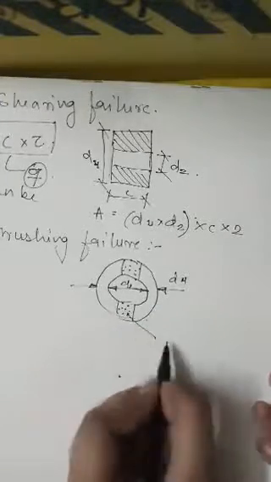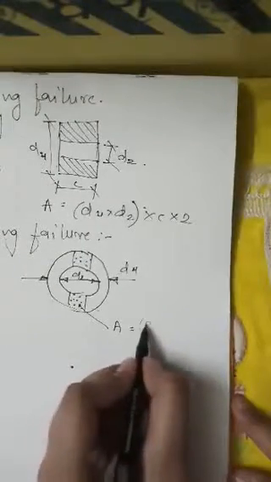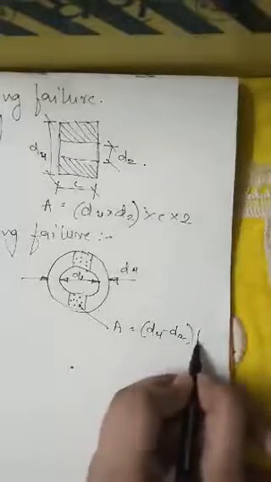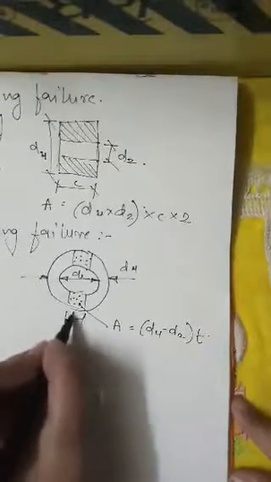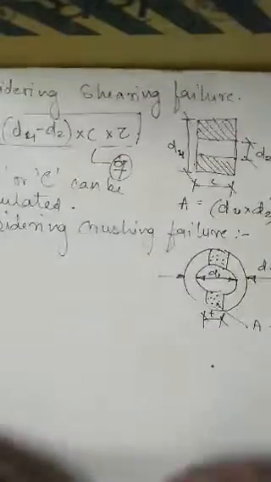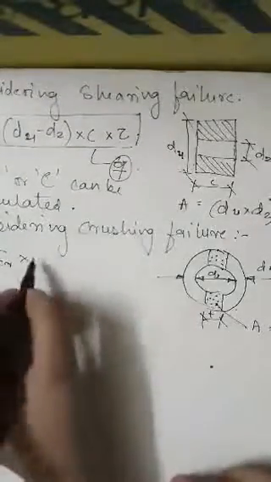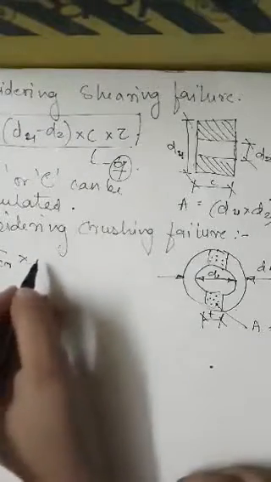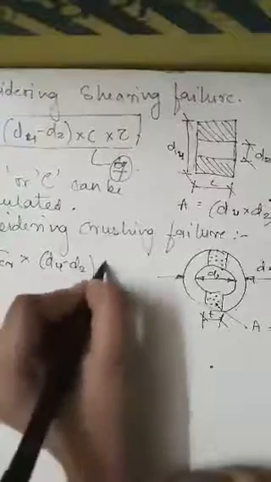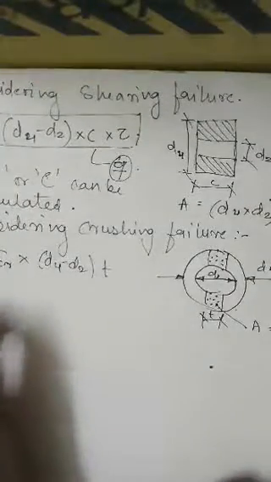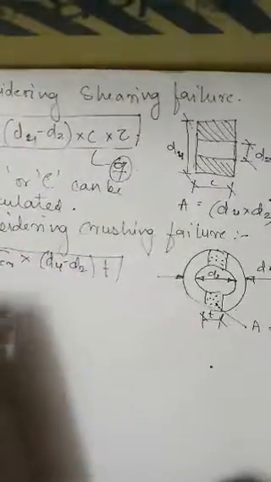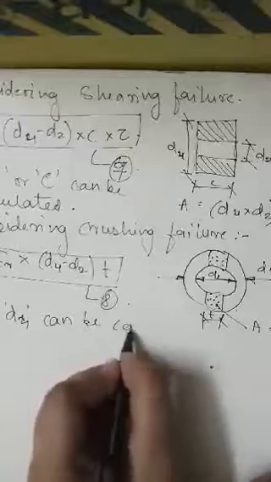The resisting area will be (D4 minus D2) into T, with thickness T. Once again we will find out the crushing strength for the socket, (D4 minus D2) into T. From this equation number 8, sigma CR or crushing stresses or D4 can be calculated.